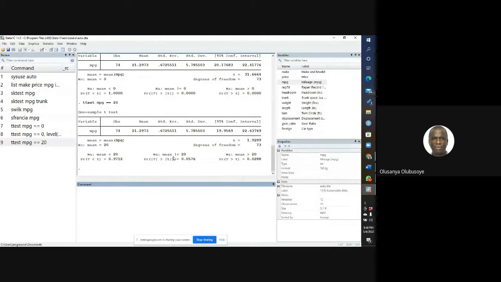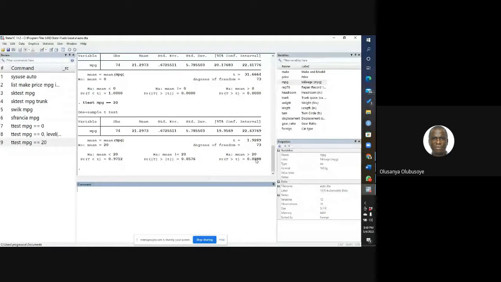So we know from here, this one will not be proper. So we can see this one, when the population mean is greater than 20, the p-value is 0.0288, which is less than 0.05 for alpha.